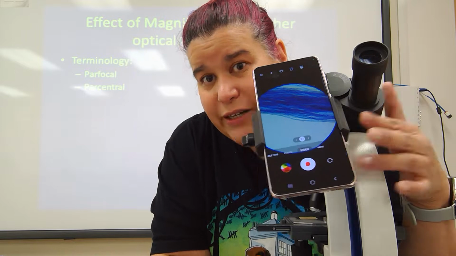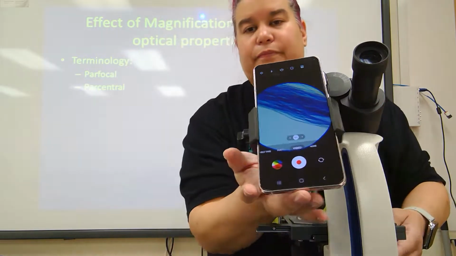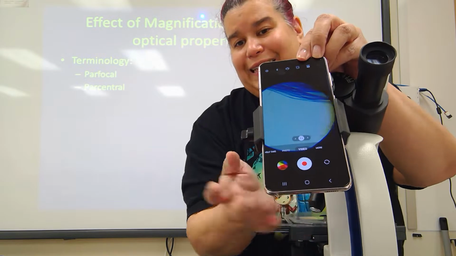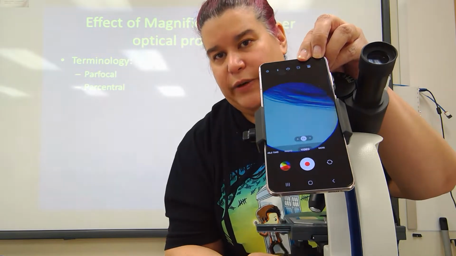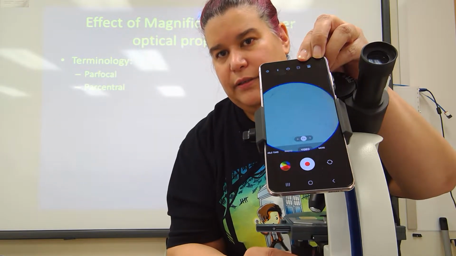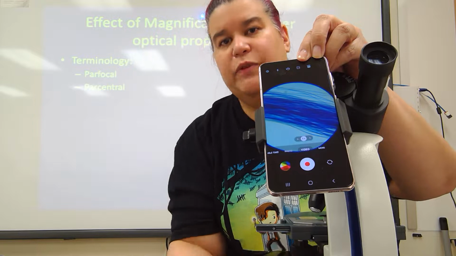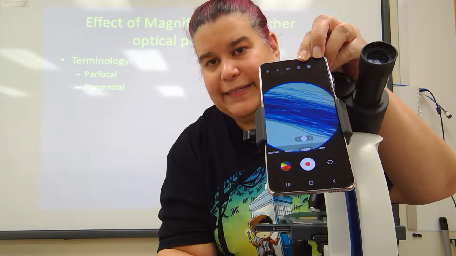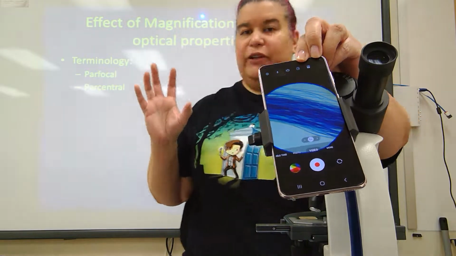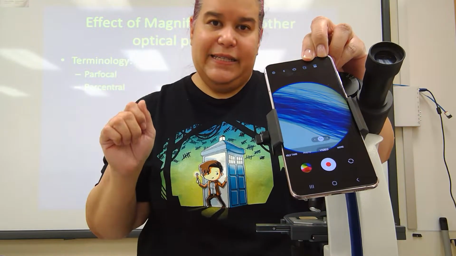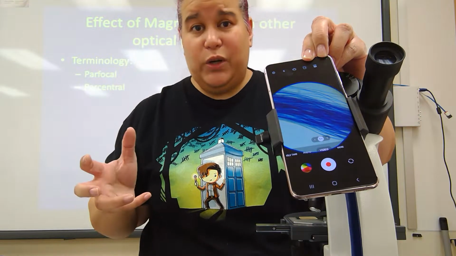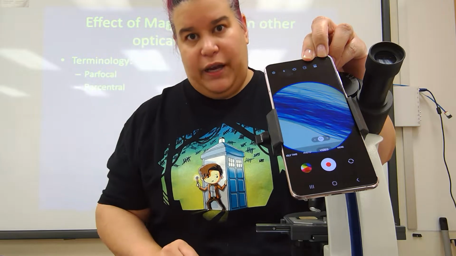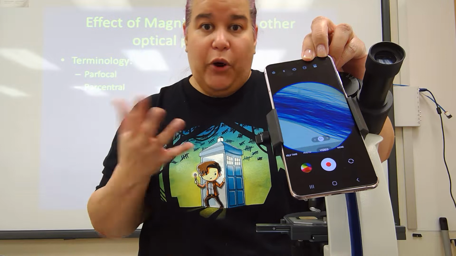It also isn't centered, but if I use the little dials on my stage to move my stage around, I can move it back to center with very little movement. And again, it's not necessarily perfectly in focus, but it doesn't take much. I don't have to go back using the coarse adjustment to get it to where I want it to be. There's very little movement and poof, I've got it where I want it. So parfocal, parcentral.